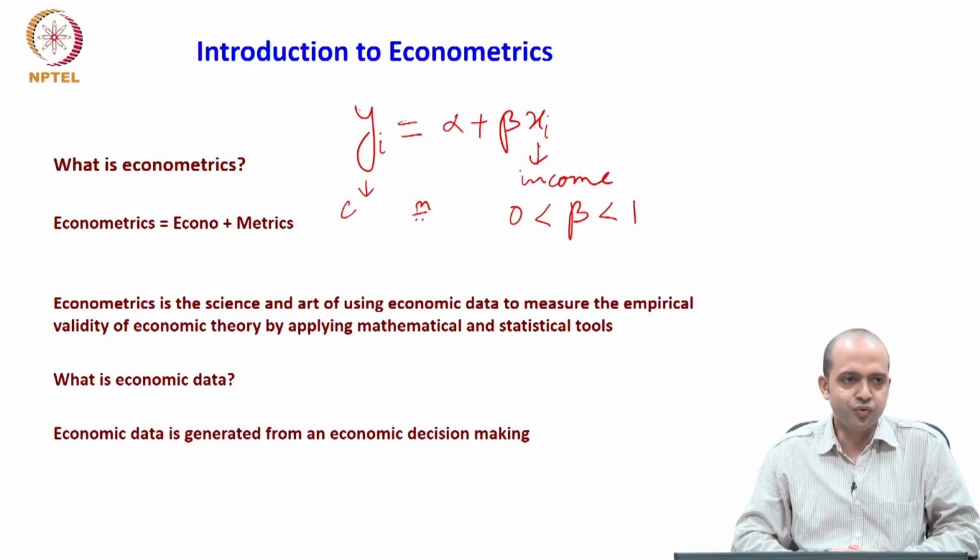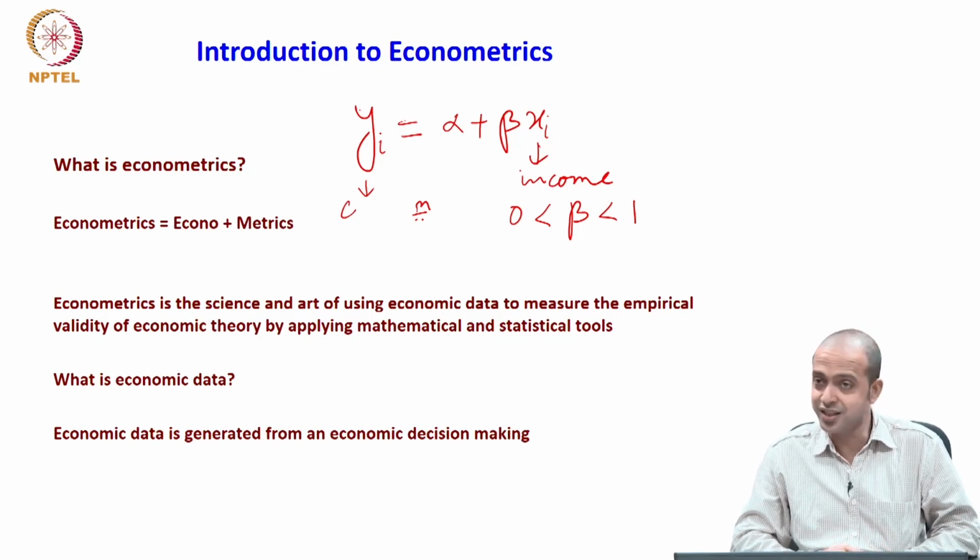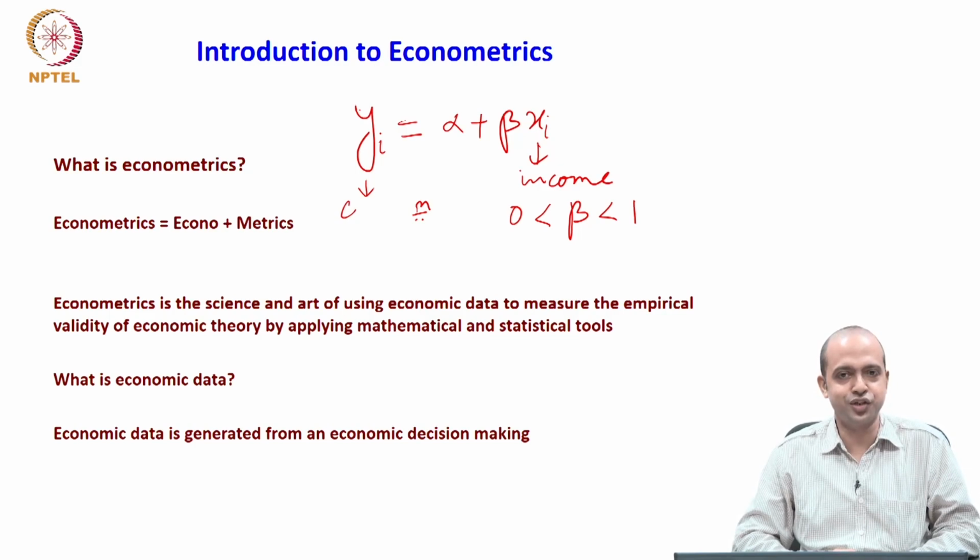But a statistician will never venture into using this data to check the empirical validity of economic theory. Someone who does that, he or she is actually an econometrician. So, an econometrician's job is quite different from that of a statistician or a mathematician.